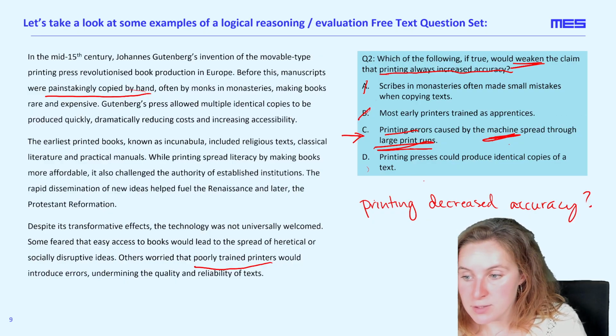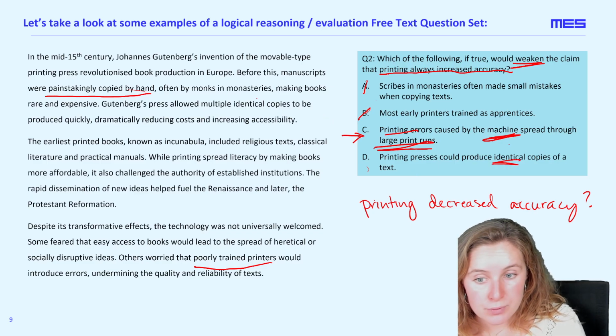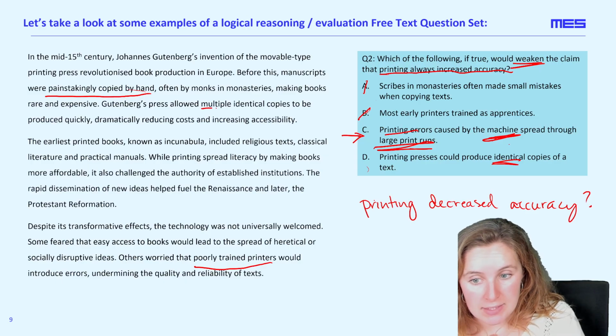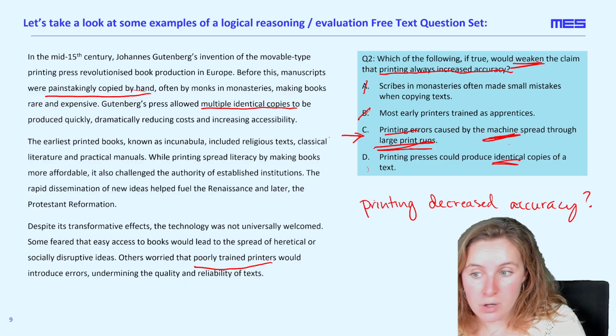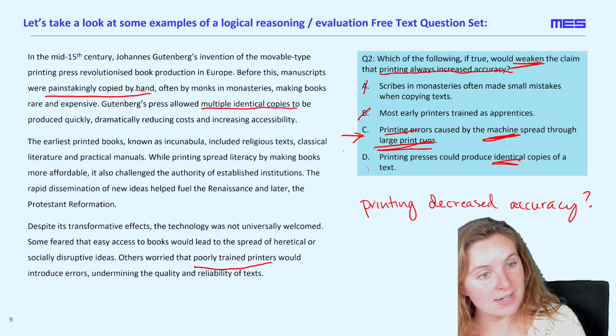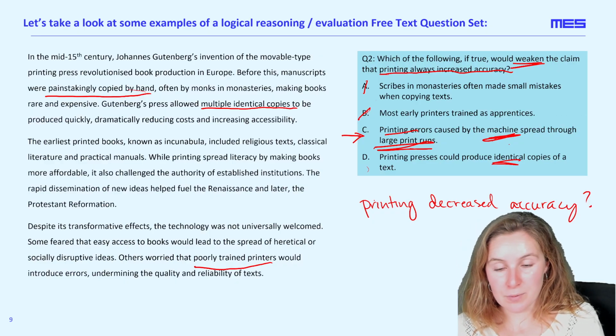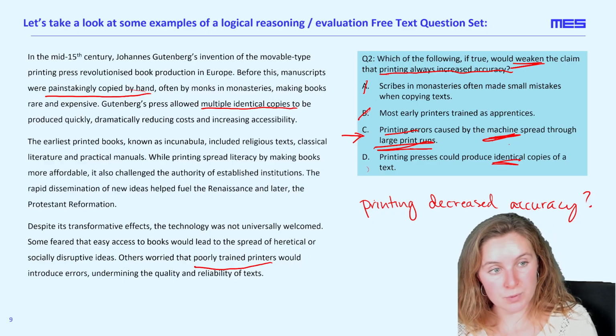And then printing presses could produce identical copies of a text. This may be true. As we can see here, identical copies of a text. That would not weaken the claim that printing always increased accuracy, because if the original was correct, then the identical copies would also be correct.